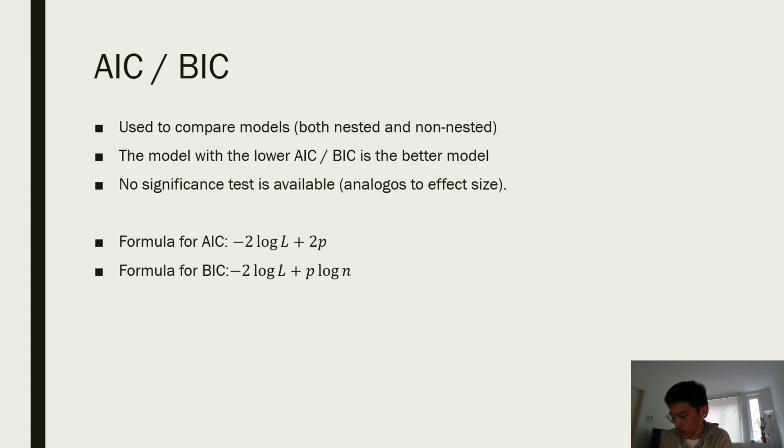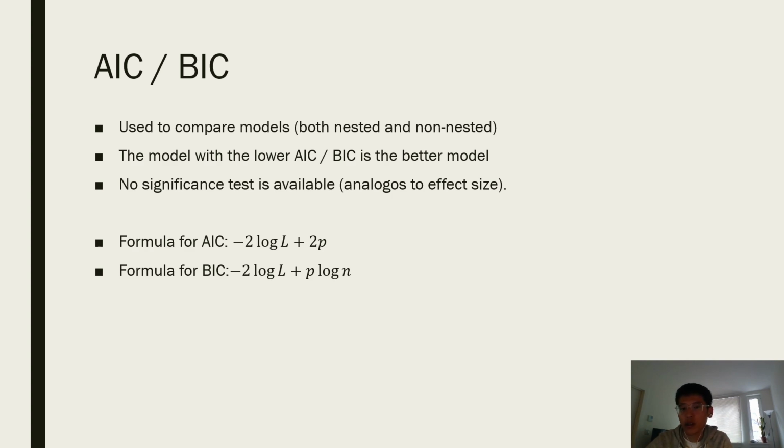Okay, so we can use AIC or BIC to compare models. We can use that to select a model with either fewer predictors or more predictors.